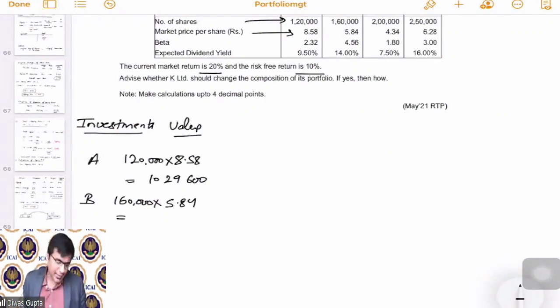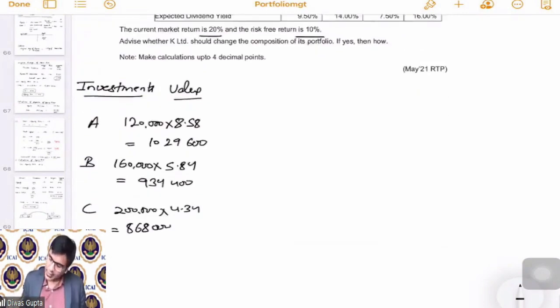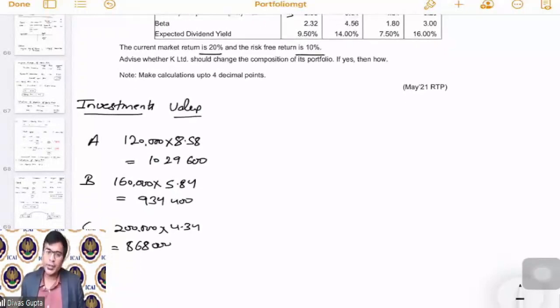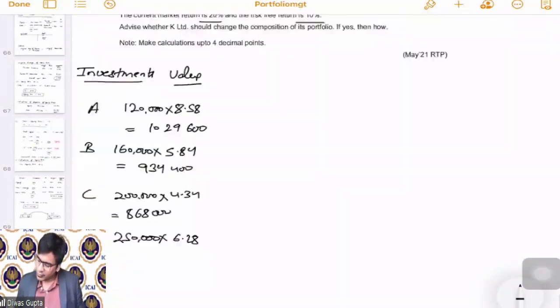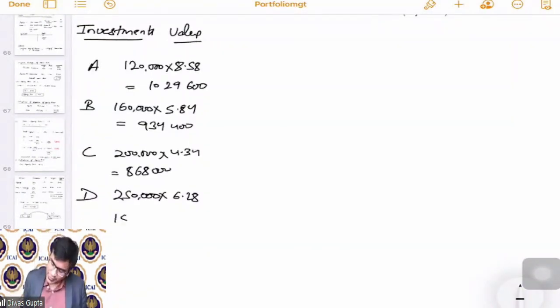So this gives us 9,34,400. Similarly, 2 lakh for C multiplied by 4.34. This is 8,68,000. And lastly, 2,50,000 into 6.28. So this comes as 15,70,000.